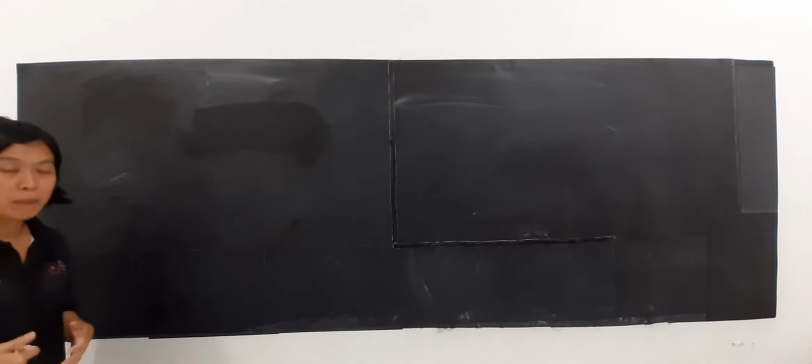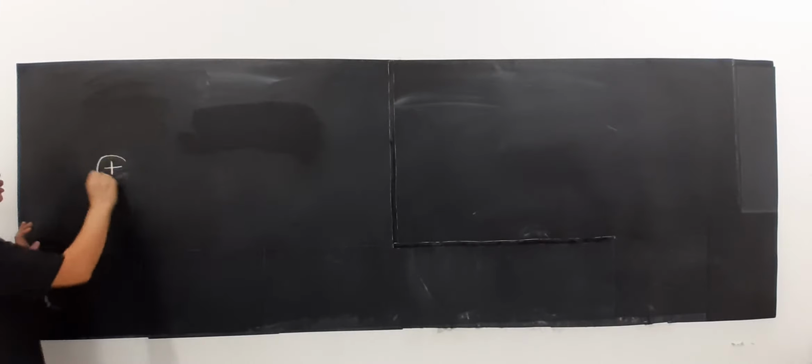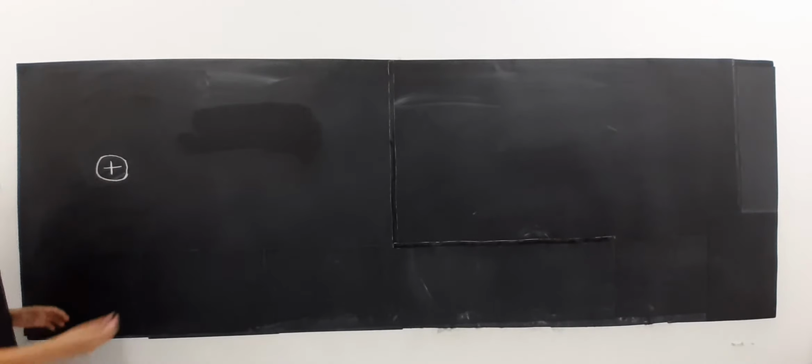Before I start the new topic, let me recap what we learned. Before this, I already told you that if we are given a positive point charge and I want to draw the electric field lines, what am I going to do?